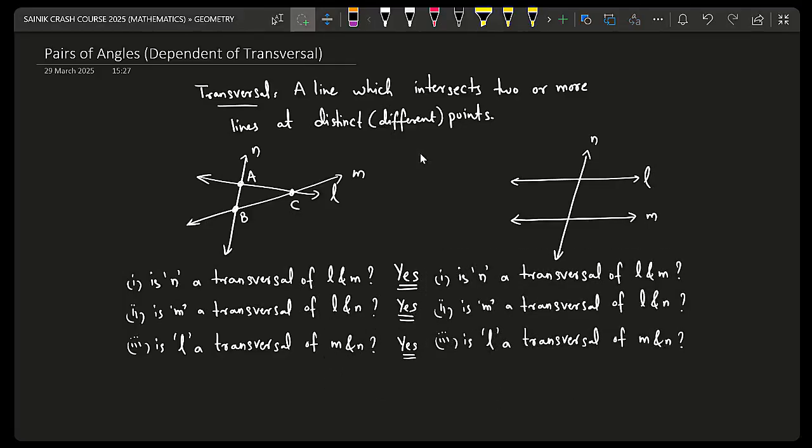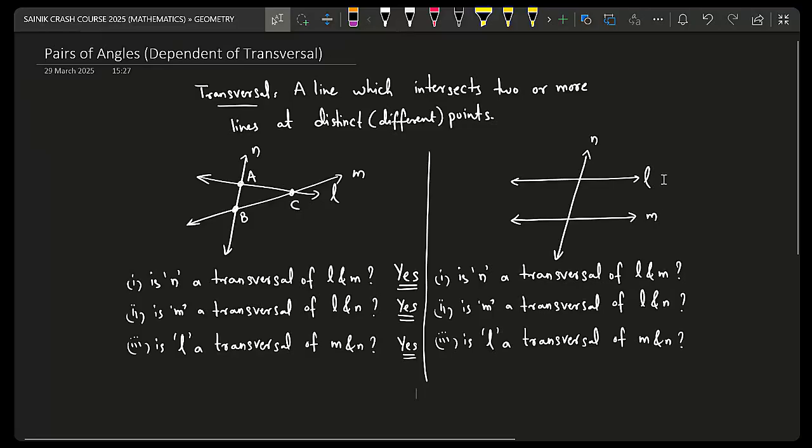Now in this second figure, who is going to answer these three questions? Raise a hand. Harini, read the first question. Is N a transversal of L and M? What do you think, yes or no? Yes. Why? Because a transversal intersects two or more lines.